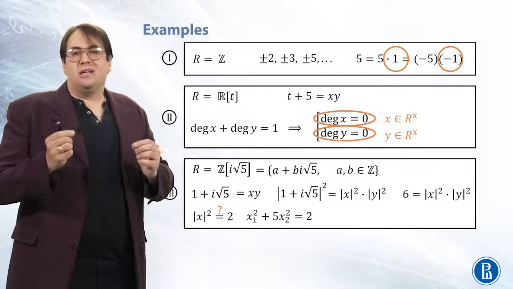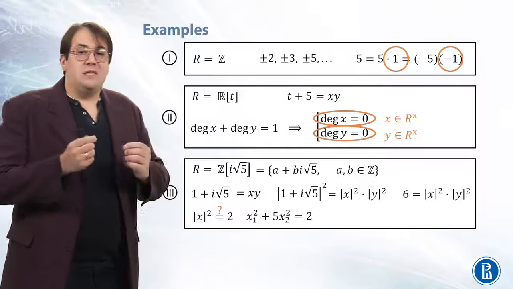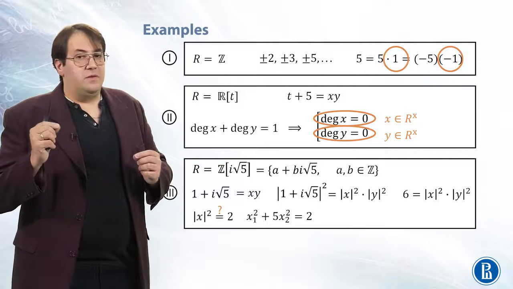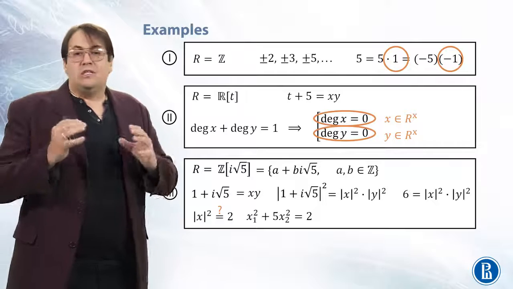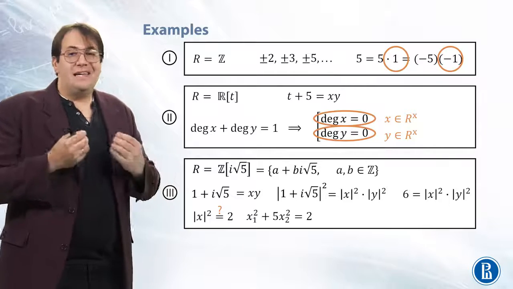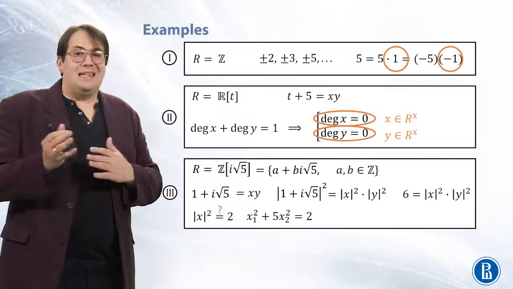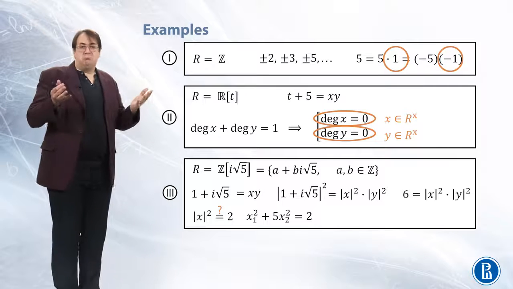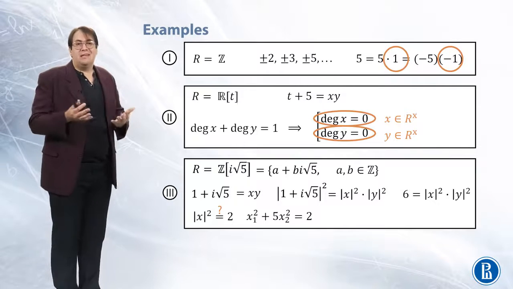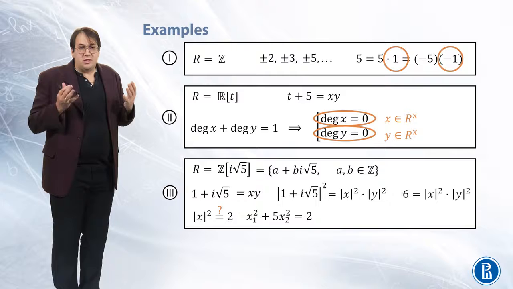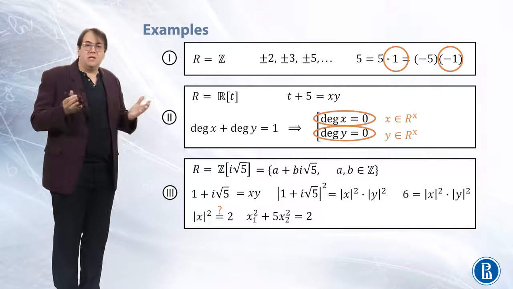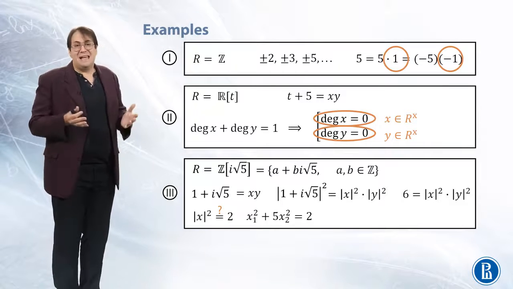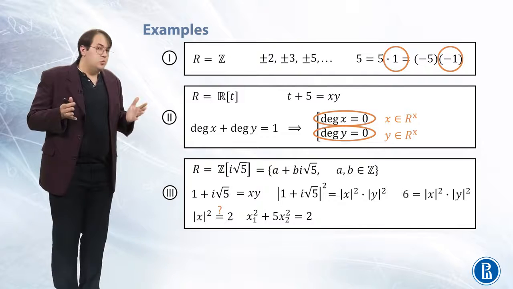So actually the imaginary part of x is equal to x2 multiplied by square root of 5. Okay, so we need to find integer numbers x1 and x2 that satisfy this equation. Just taking a look at it, we understand that there exist no such integer numbers. So the square of the absolute value of x cannot be equal to 2.